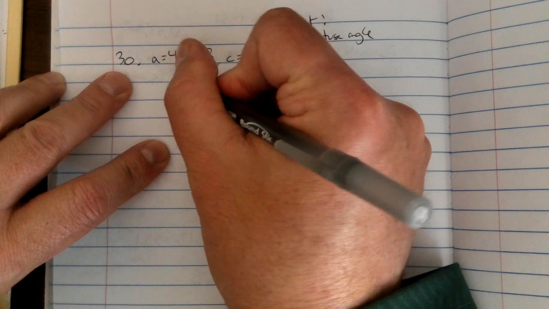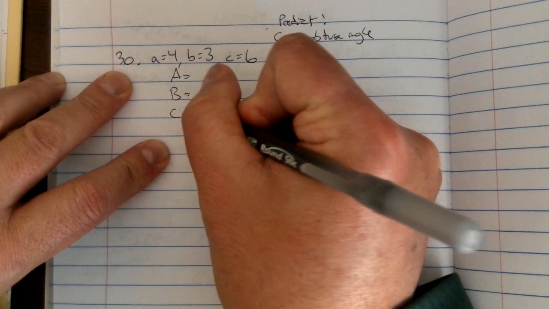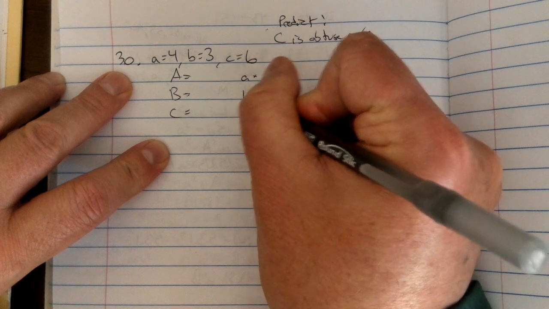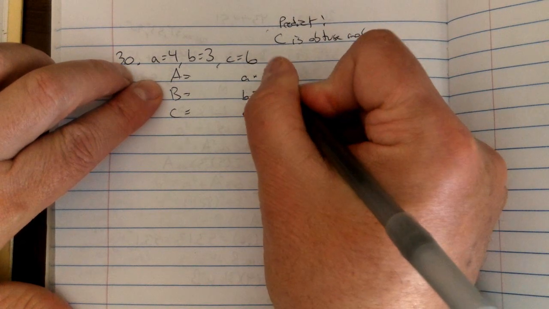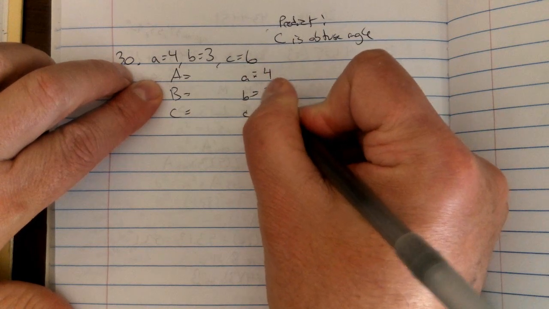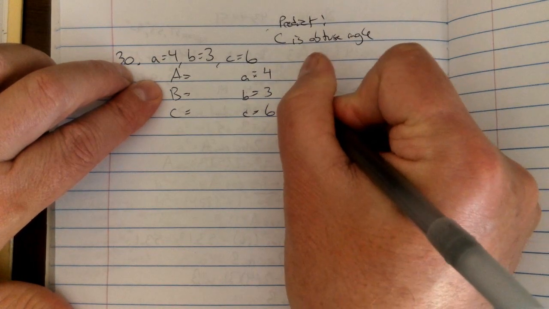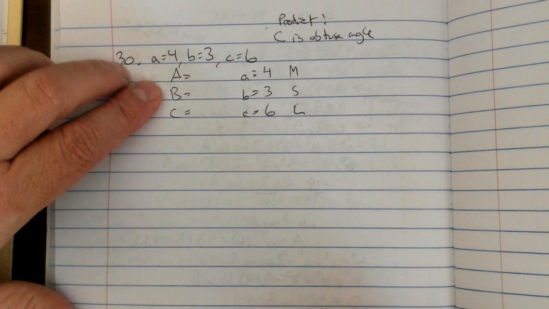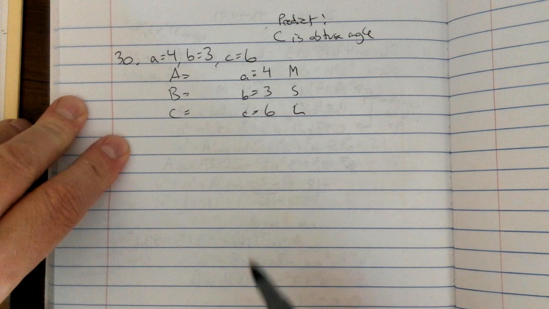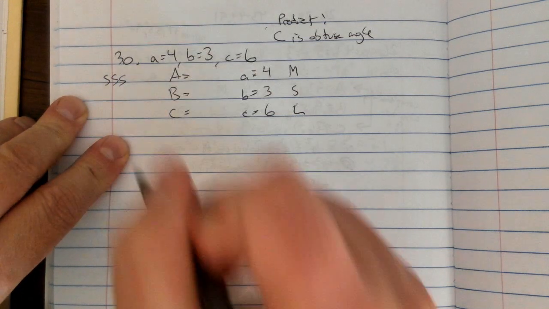Okay, so we start with A equal, B equal, C equal, A equal, B equal, C equal, and we've got 4, 3, and 6. So small, medium, and large. So this is your SSS case.